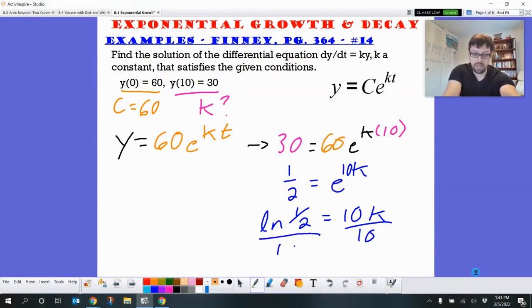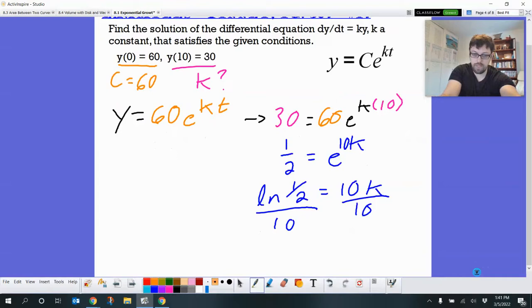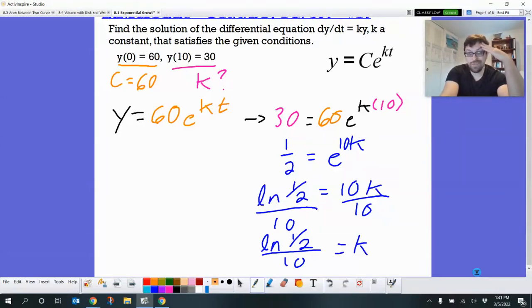So we get the ln of 1/2 over 10 equals k. We can do some stuff with it to try to clean it up a little bit. I know that this thing k is going to be heading right there, and then there's going to be an e right there.